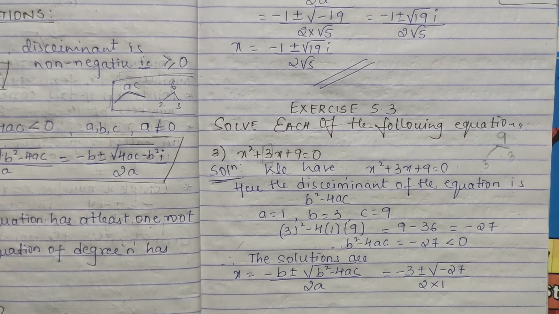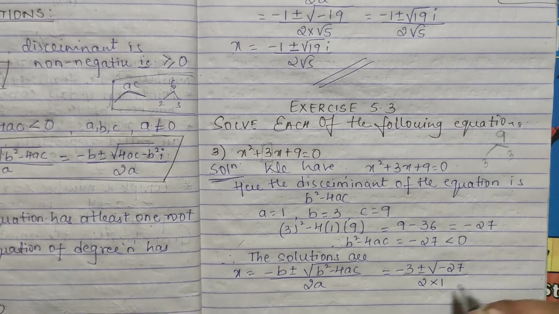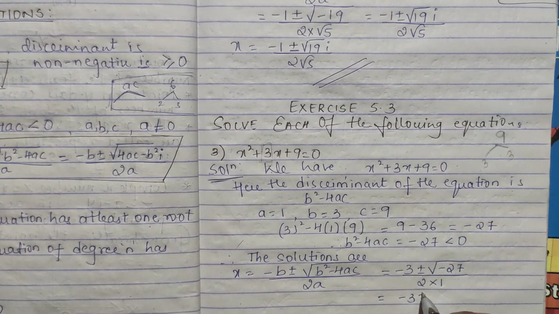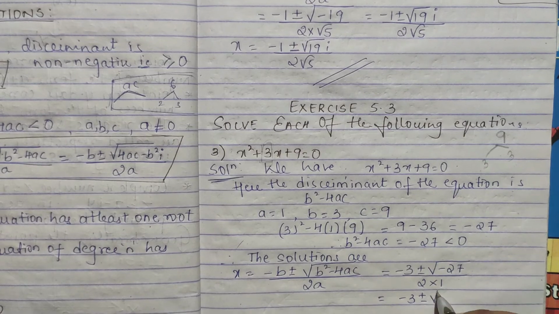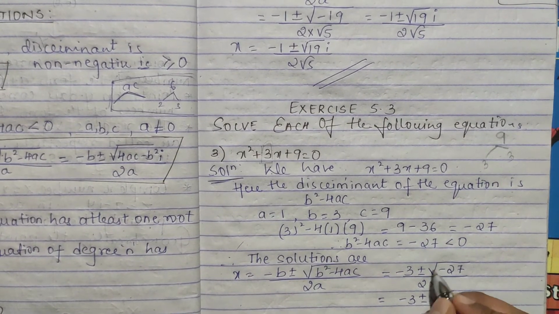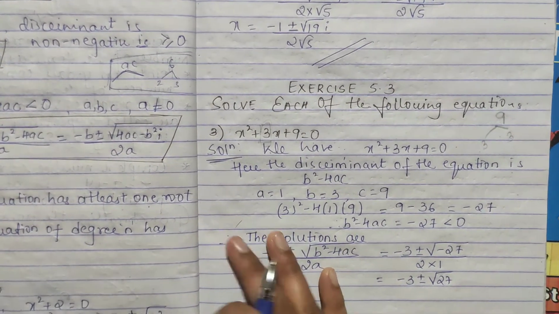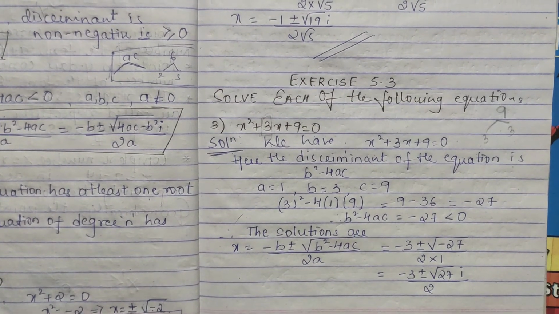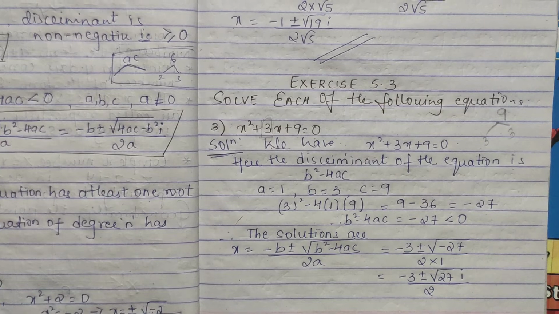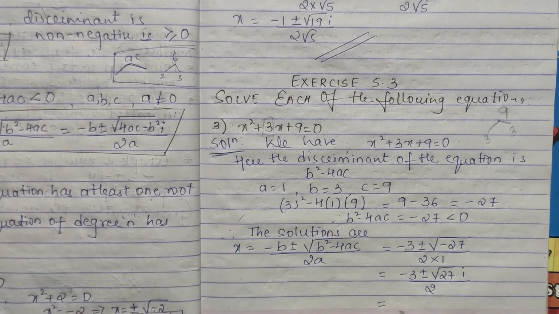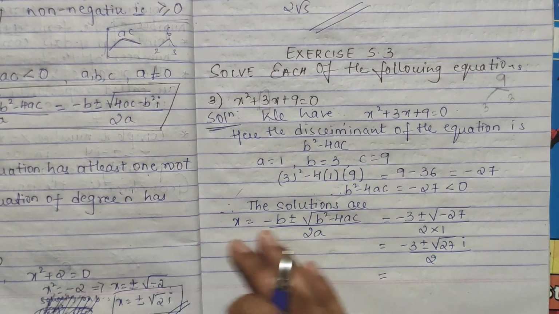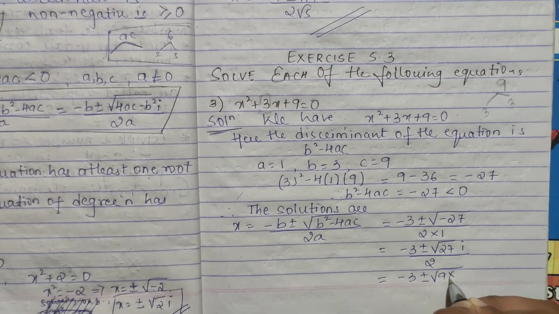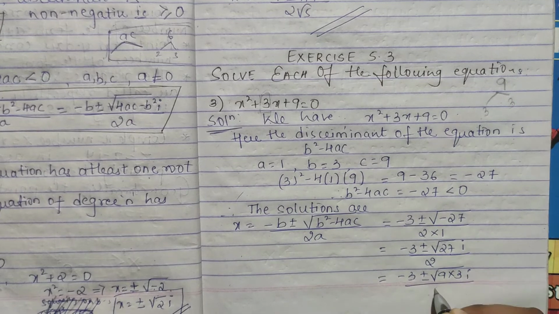27, you can even split it. Minus 3 plus or minus root 27, you should write, because root of minus 1 becomes i, 2 ones are 2. So 27 you can split into 9 into 3, right? So you get square root of 9, minus 3 plus or minus 9 into 3 i whole divided by 2.